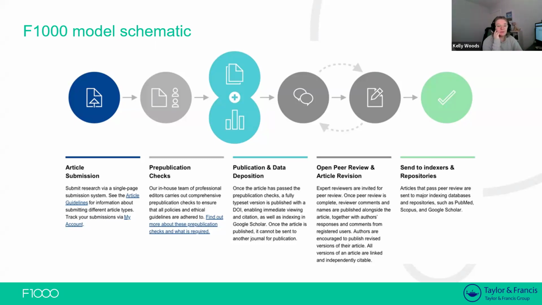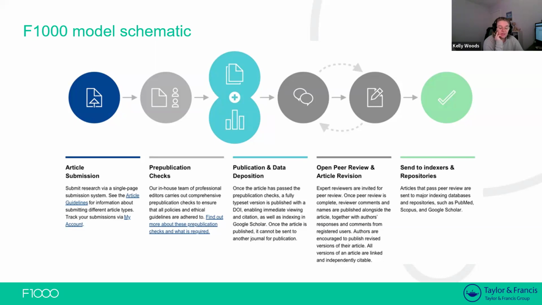Once the article has been submitted, our in-house team of professional editors will carry out a number of pre-publication checks, which I'm going to talk through in a bit more detail. This ensures briefly that all of our policies and ethical guidelines are adhered to. This often requires a little bit of back and forth between our team and the authors themselves to make revisions at this stage before the article is published, based on these checks that we're doing.